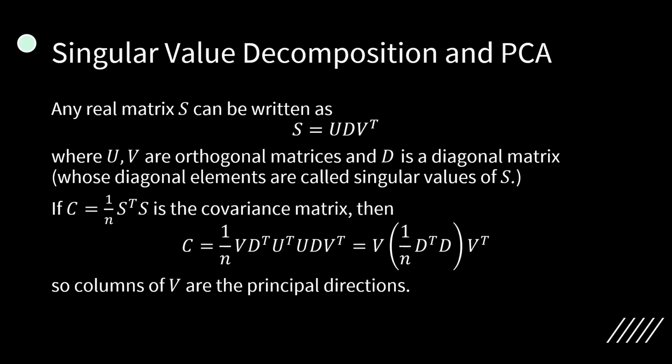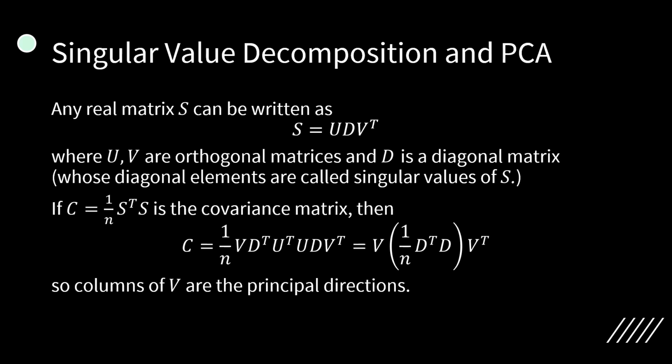Now, we found out in the previous slide that C equals 1 over n S transpose S is the covariance matrix. If we plug in the singular value decomposition from above, we see that C is equal to V times 1 over n D transpose D times V transpose. Notice that this is diagonal, this is diagonal.